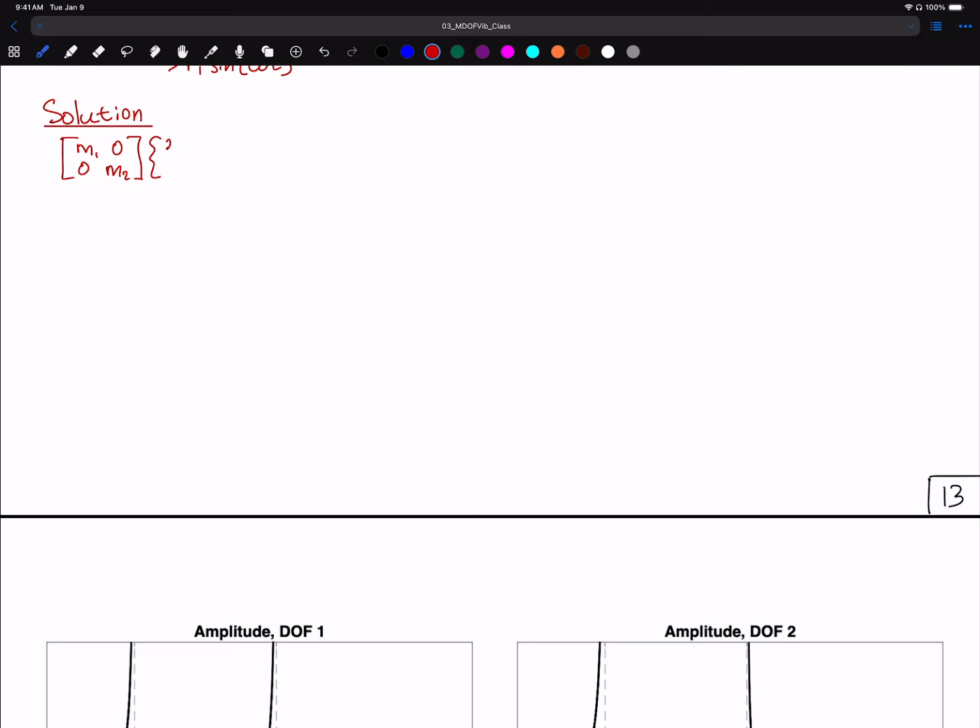This will be multiplied by our vector of accelerations, x1 double dot, x2 double dot, plus our stiffness matrix, K1 plus K2, minus K2, minus K2, K2. This will be multiplied by our displacement vector, x1, x2, equal to our forcing vector, F1 sine omega t and 0.